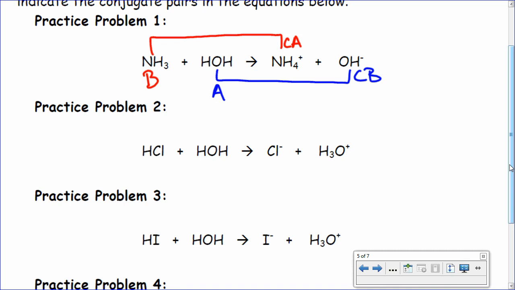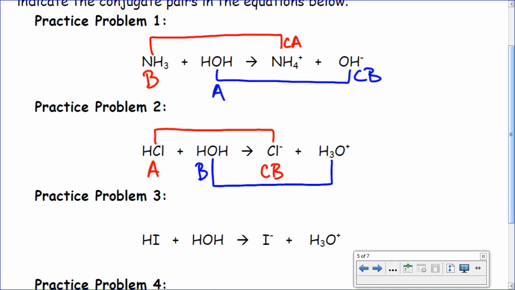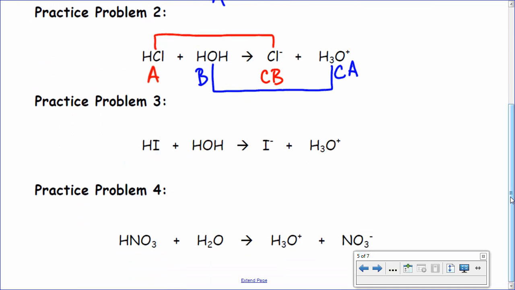So which is donating? Acids donate, and HCl became Cl, so that was the acid, which goes with its conjugate base. Simple enough. Which probably leaves water to be the base with its conjugate acid. It's kind of just opposite using this bracket system to identify. I won't make you do that on the test, I don't believe.